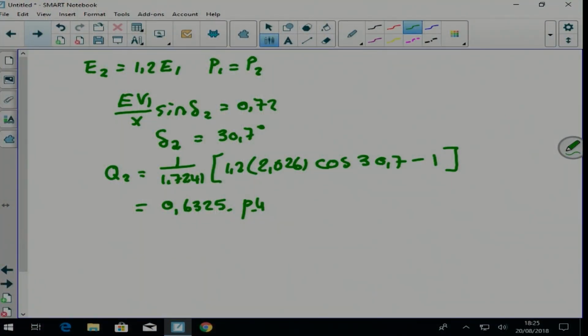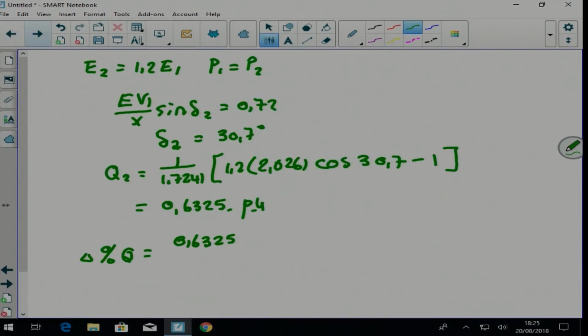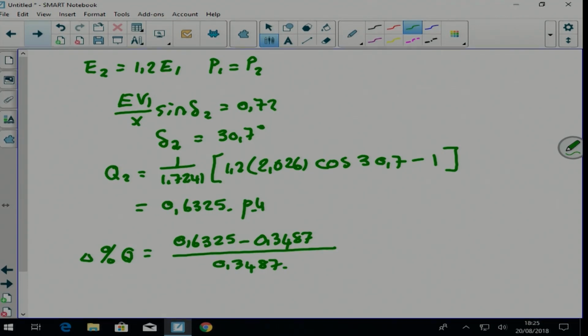And therefore, the percentage change in Q was 0,6325 minus 0,3487, divided by 0,3487. So here you can see that by changing the excitation, Q changes.